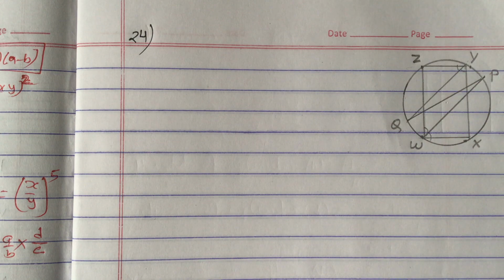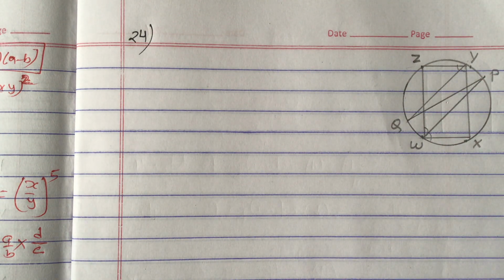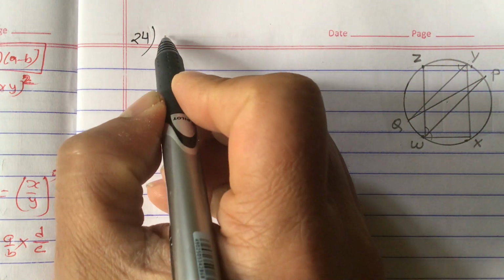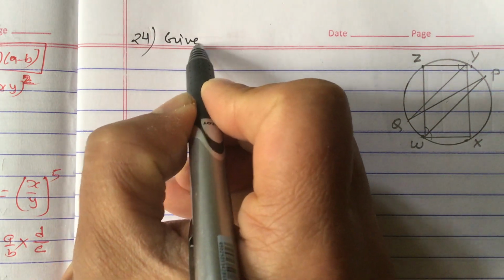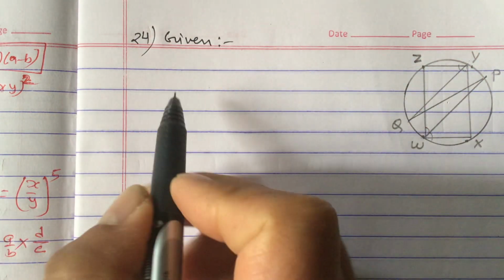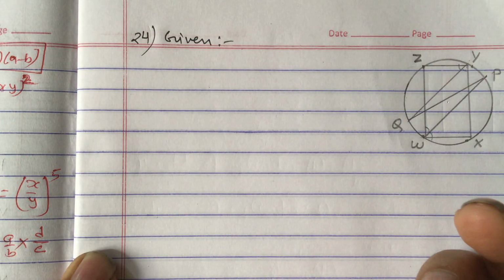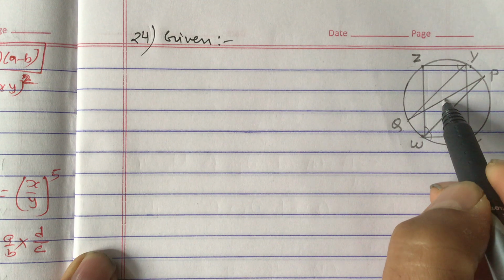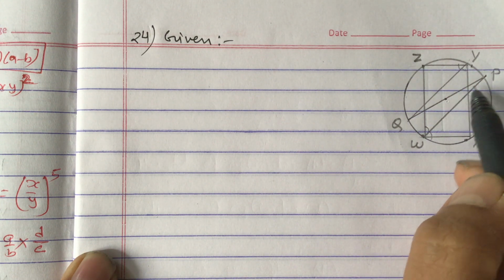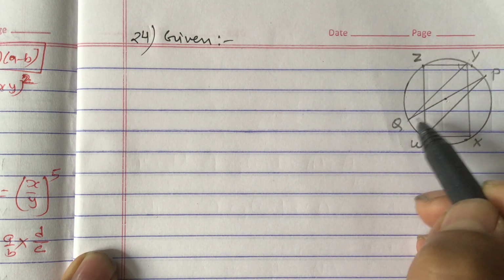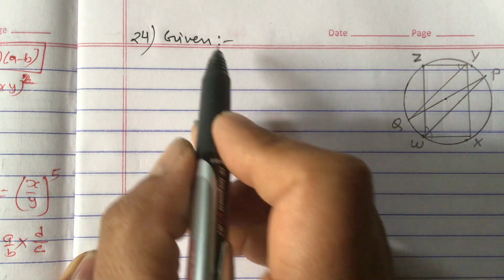Okay, let's write down now the given. The center is not mentioned here. The center should lie on PQ, but it is not given, so we need to prove this. If this is diameter, it means the center lies here, we have to prove.